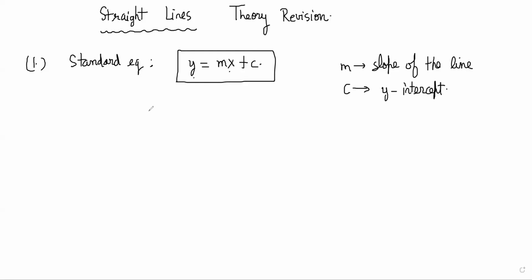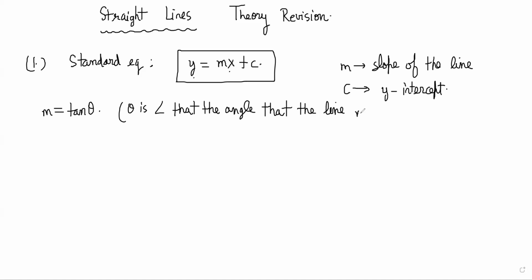And here M is the slope of the line, and M is basically tan theta, where theta is the angle that the line makes with the positive x-axis. We will see other forms of the line equation as well, but for now, let's think about what we know from this equation.